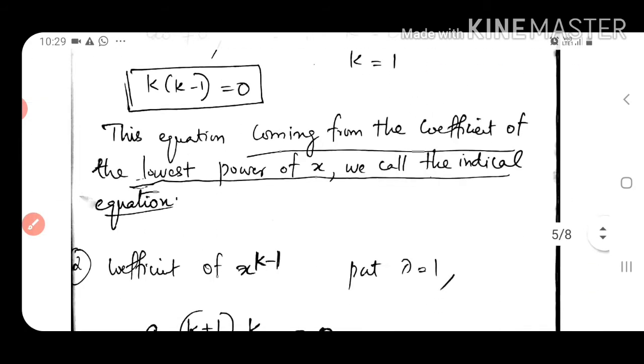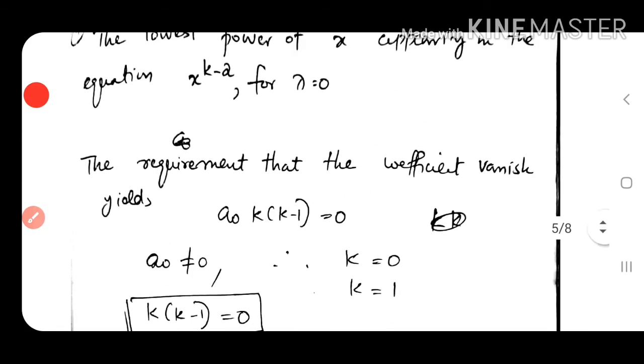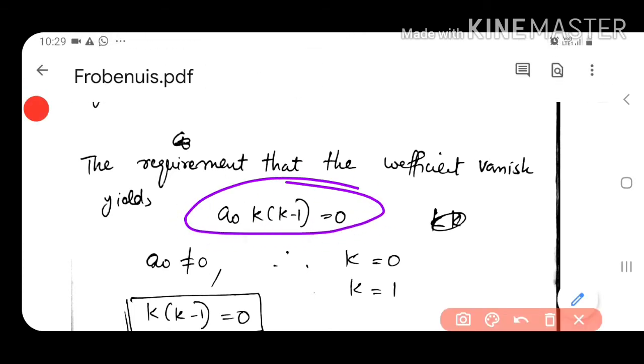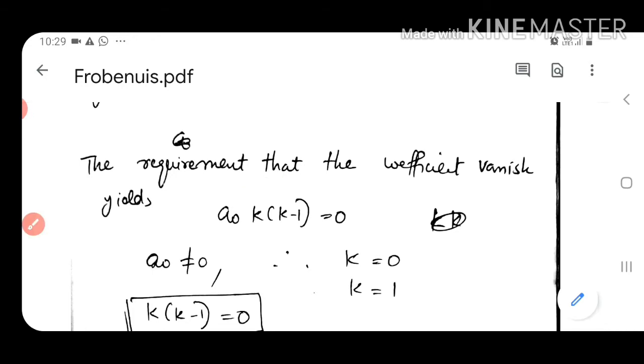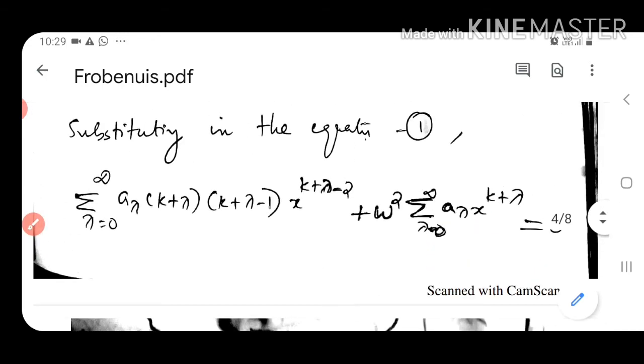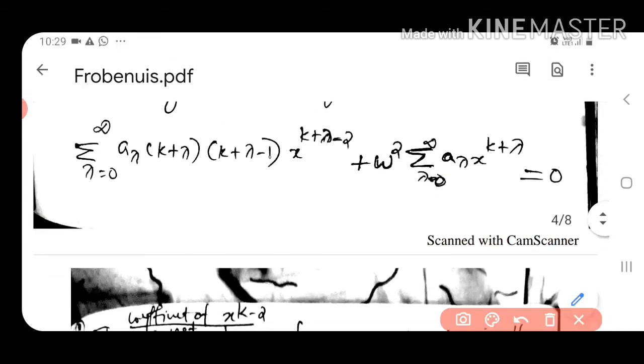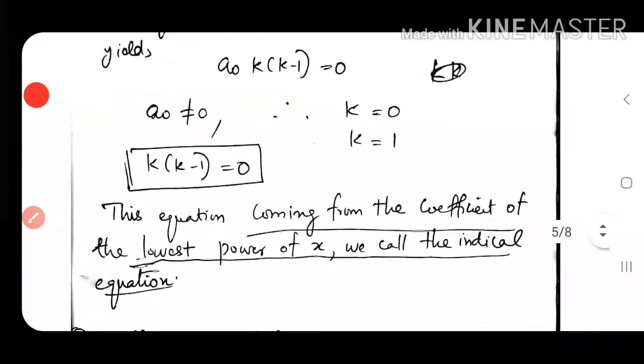So that is written here. The coefficient is a0 k into k minus 1, and this must be 0, because on the right hand side of the equation, that is 0. So the coefficient has to be 0.